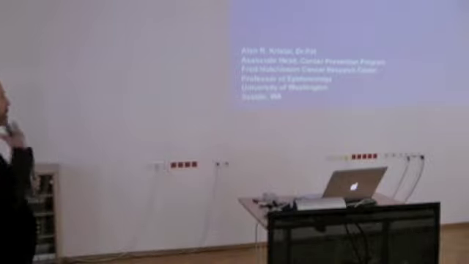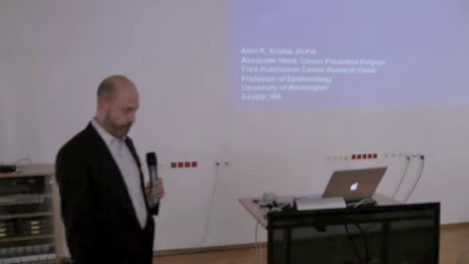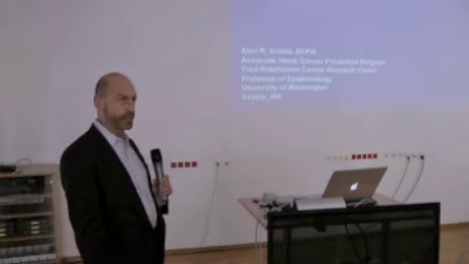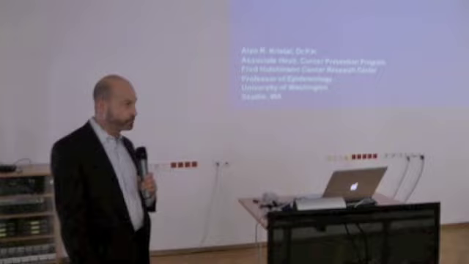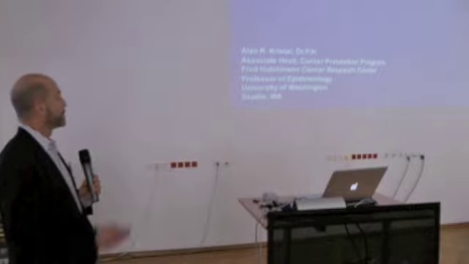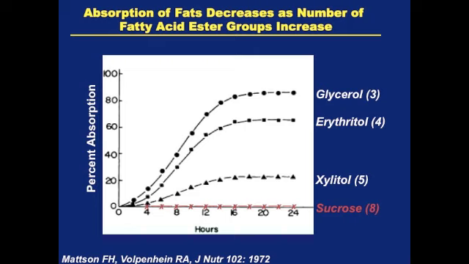So I'm going to talk about Olestra post-marketing surveillance, which is something that my group was asked to do well over 10 years ago. And just a bit about what Olestra is.